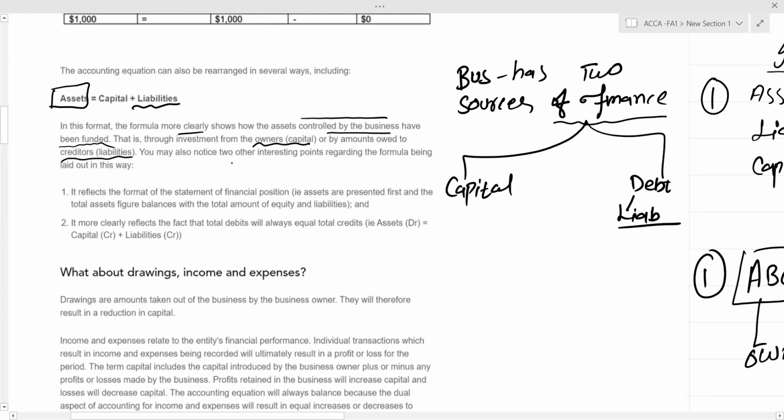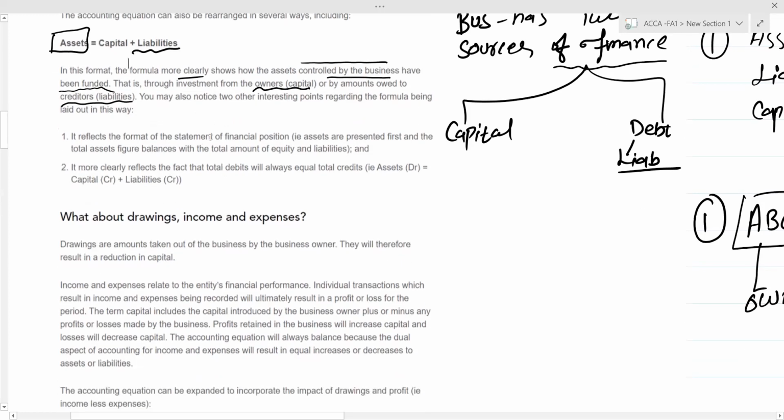You may also notice two other interesting points regarding the formula. It reflects the format of the statement of financial position. We will discuss this at the end; it is basically the last step of recording transactions. First we will record the accounting equation, then we will use the double entry system to record transactions in the ledgers, then we will prepare the trial balance, then financial statements.